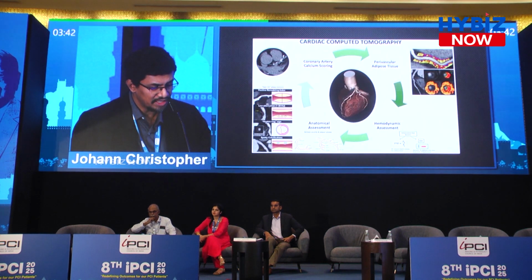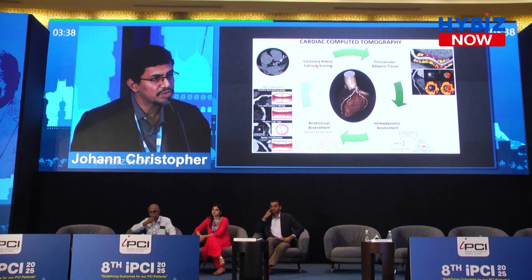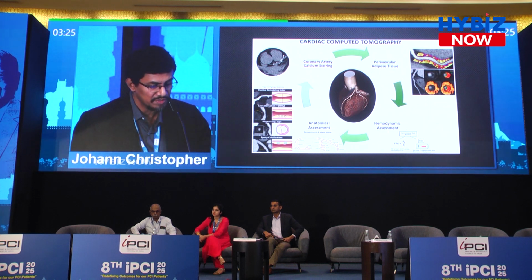Now, what exactly can CT do? There are a lot of things that CT can do, starting from the calcium scoring, which is a great way to assess atherosclerosis, looking at the anatomy, the stenosis, looking at plaque morphology, looking at hemodynamic assessment, including CT-FFR, and finally, we're going to touch upon something called perivascular adipose tissue imaging.